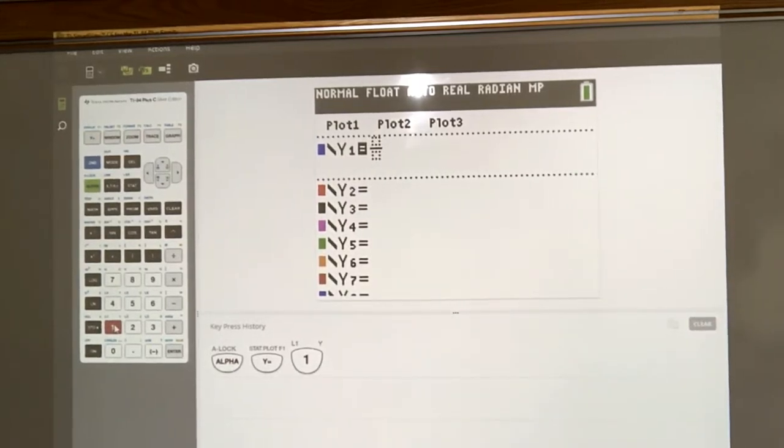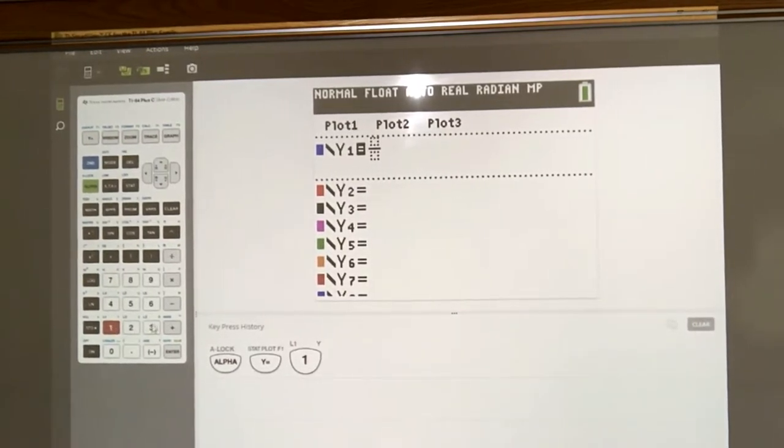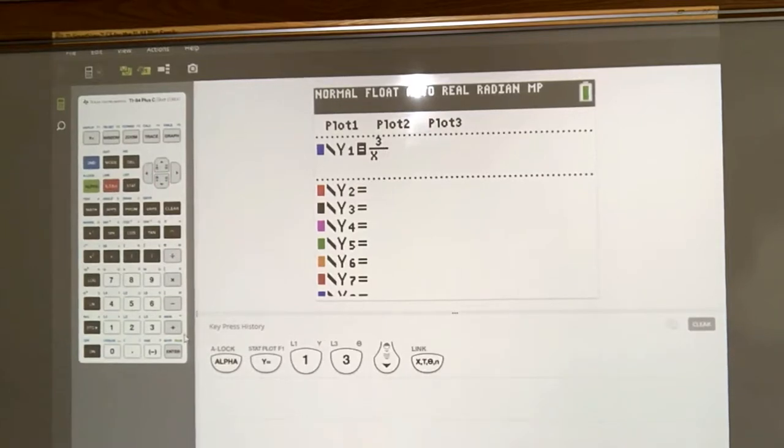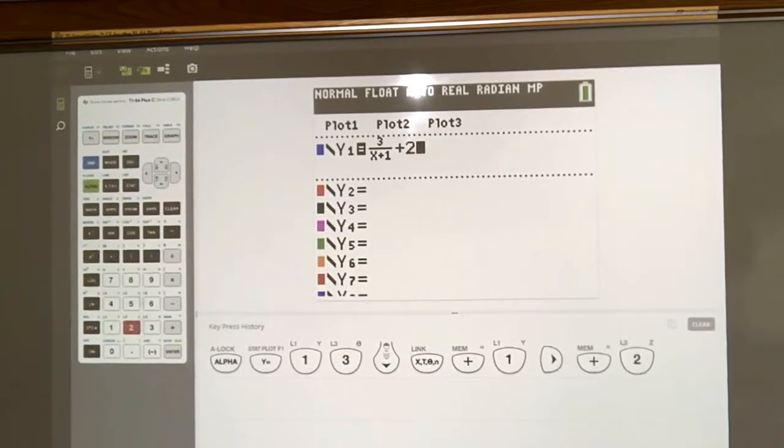And from your notes, you're going to put in the number 3, which is in the numerator. Then arrow down and just type in the x plus 1. Now the last thing you need to do here is to right arrow to get out from under that fraction symbol. And then we're going to put a plus 2.